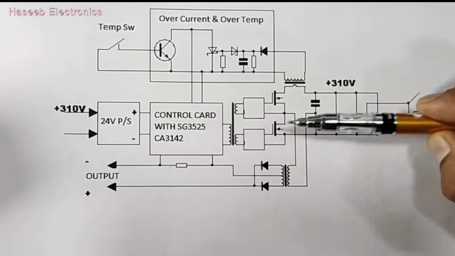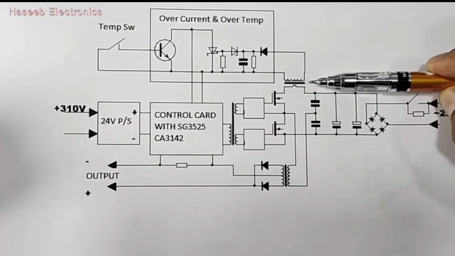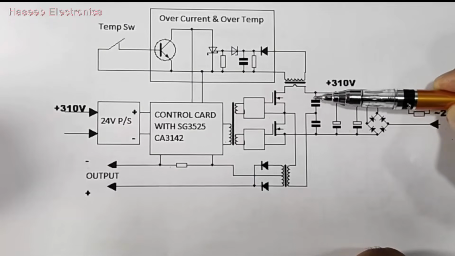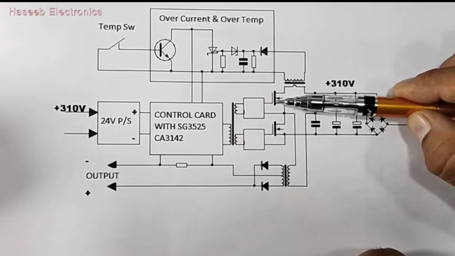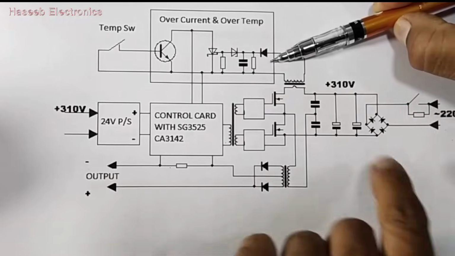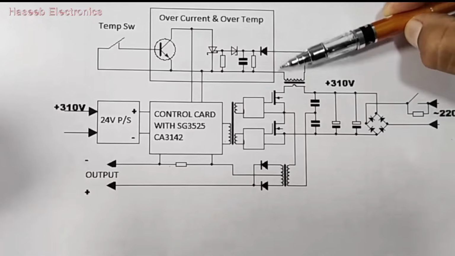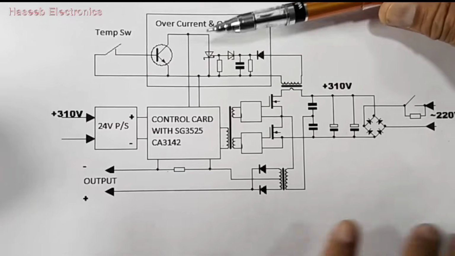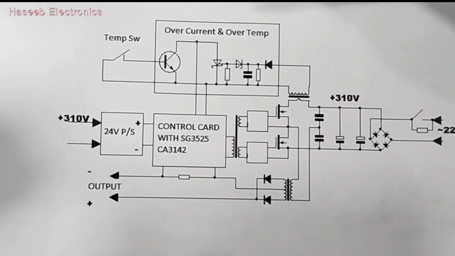To measure the current, this current transformer, CT, is used here. It will sense the current flowing in these MOSFETs. If the current increases, it will detect it and inform the control circuit that there is an overcurrent.